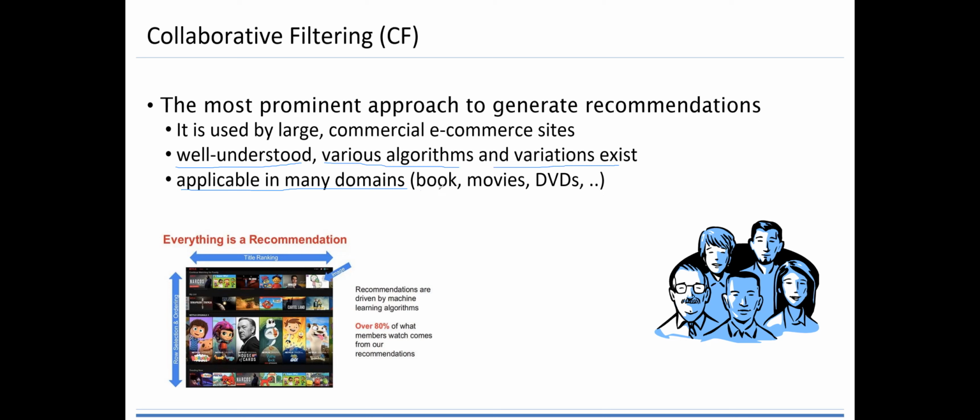For example, if your data is about a book data set, then you can apply collaborative filtering on the book data set. If it is about movies, then you can use this algorithm for movies and other things. For example, in Netflix, everything is about recommendation.